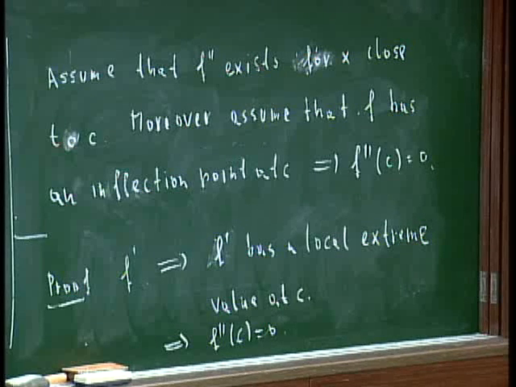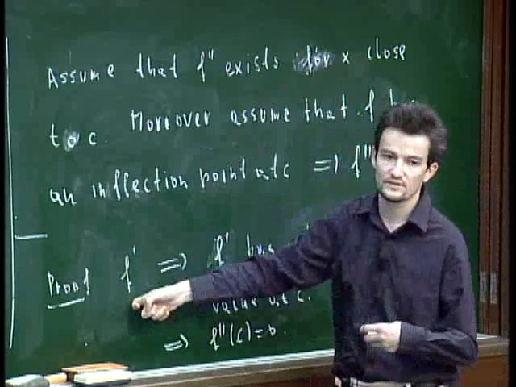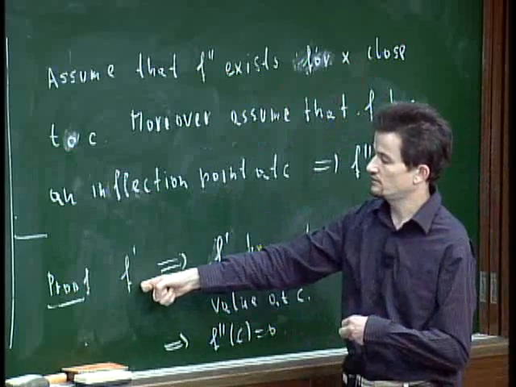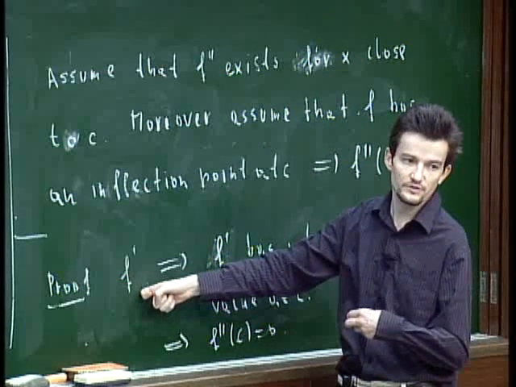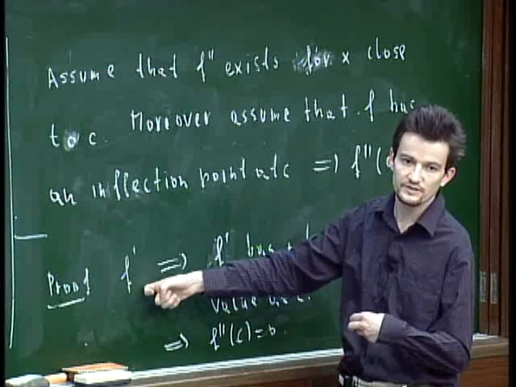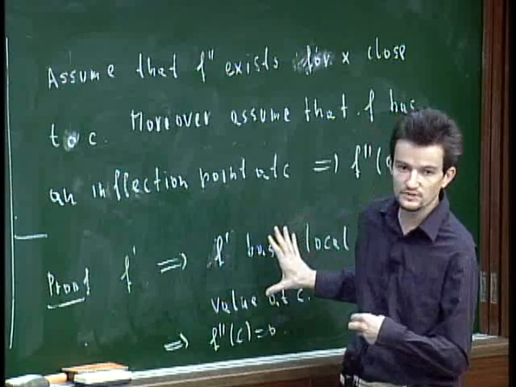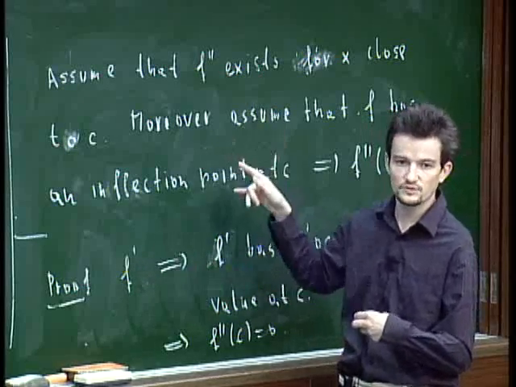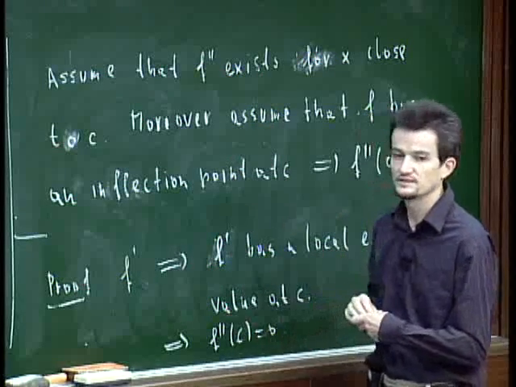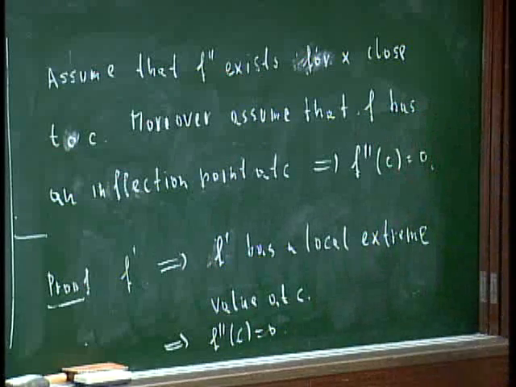You apply the first derivative test onto the first derivative, then you get a local extremum there, and from that and the existence of the second derivative at c, you get that the second derivative at c must be equal to 0.